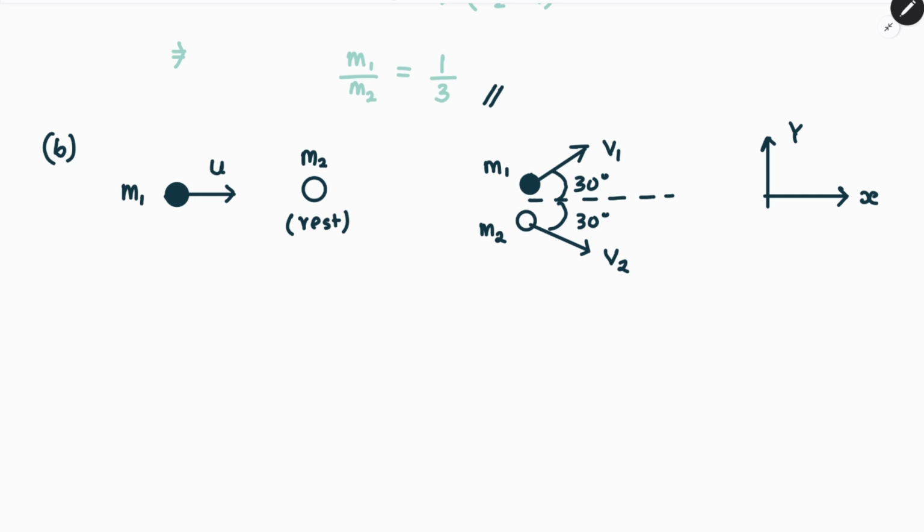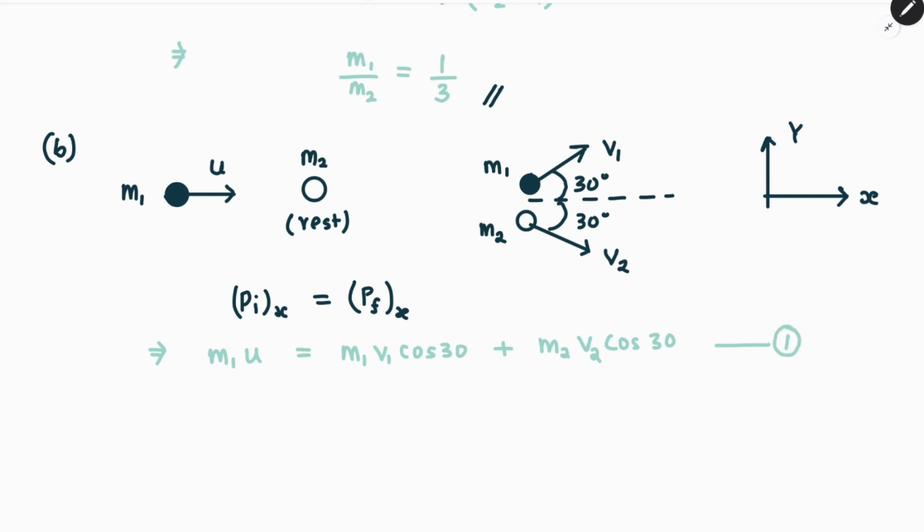If we apply momentum conservation in the x direction, the initial momentum in the x direction is equal to the final momentum in the x direction, so m1u is equal to m1 v1 cos 30 degrees plus m2 v2 cos 30 degrees. This is equation number 1 for this part of the problem.